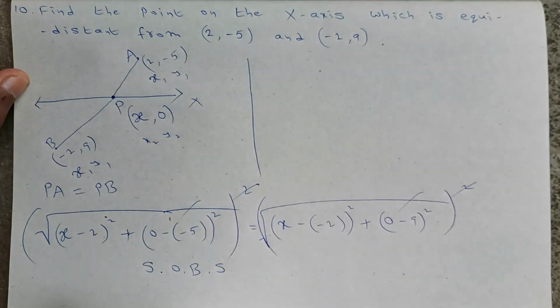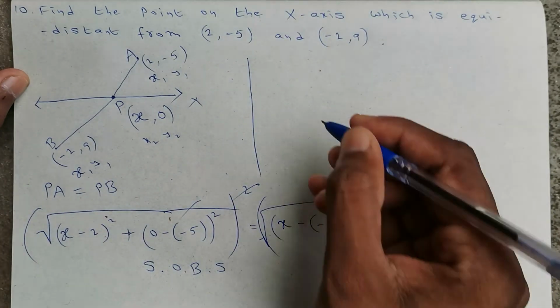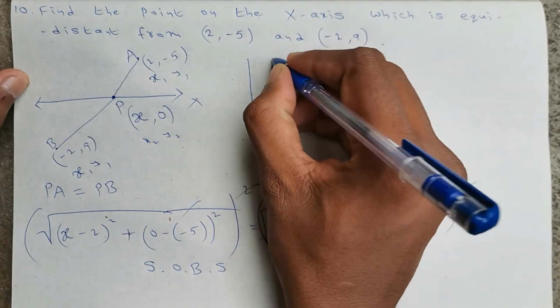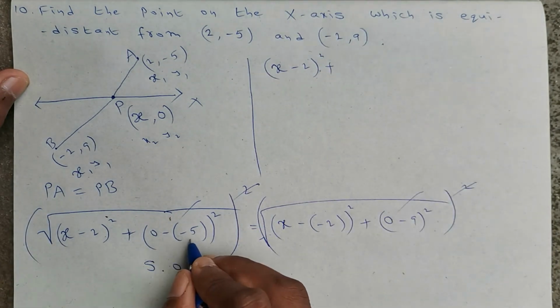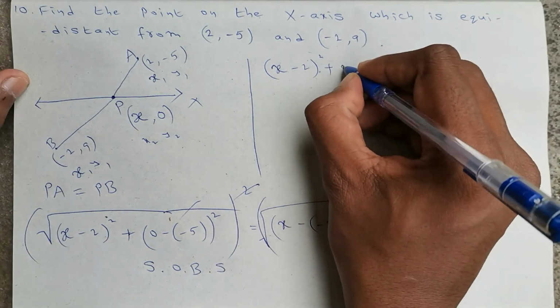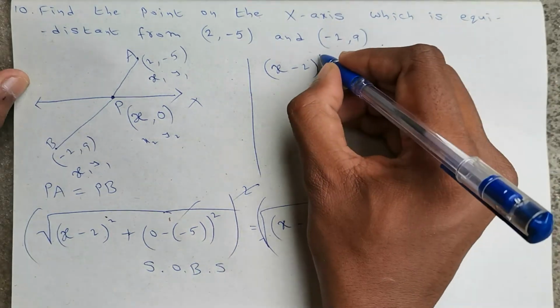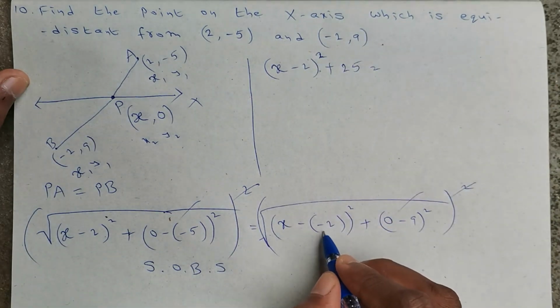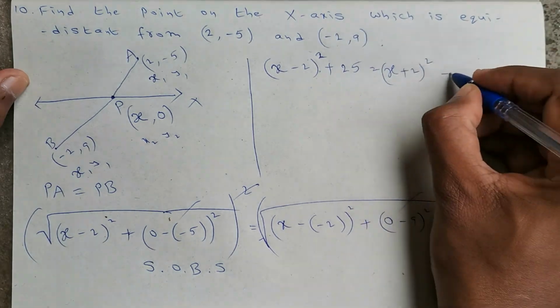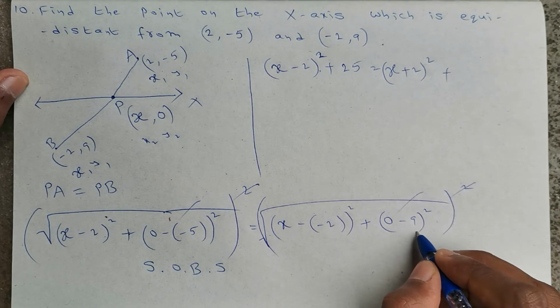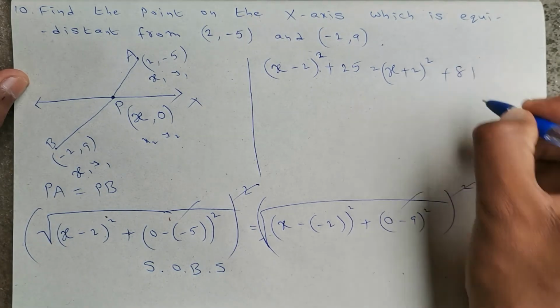So we remain with (x minus 2) whole square plus (0 plus 5) square, 25, is equal to (x plus 2) whole square plus (0 minus 9) square, 81.